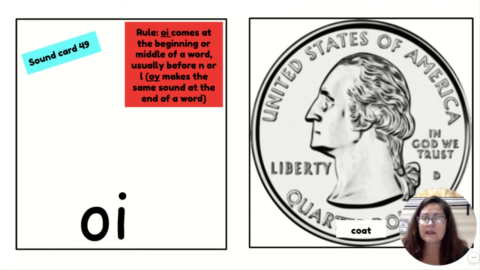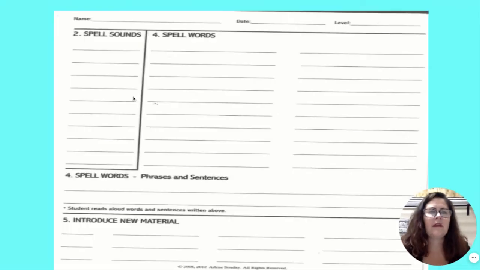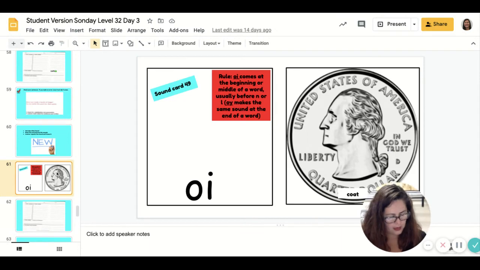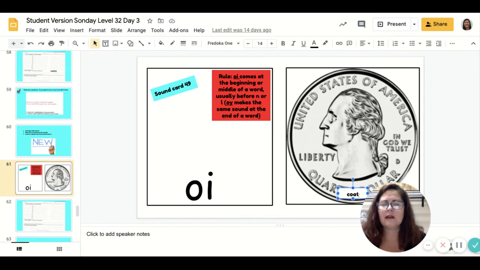And OI says, oh, I'm sorry, we don't have the right picture in here. So let me see if I can fix this really quickly. I am going to fix this on the fly because I do not want to record this whole video over again. I'm sorry about this. The only thing I missed, I have the picture changed, but apparently I did not change the wording in here.